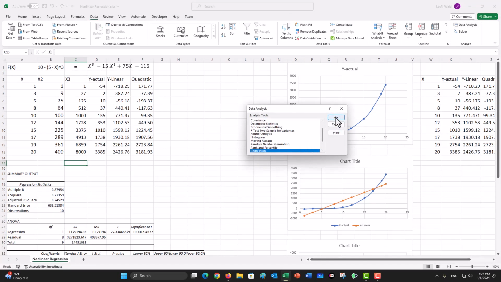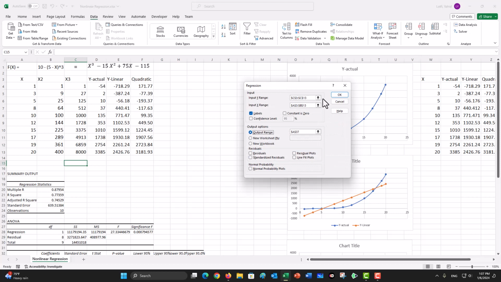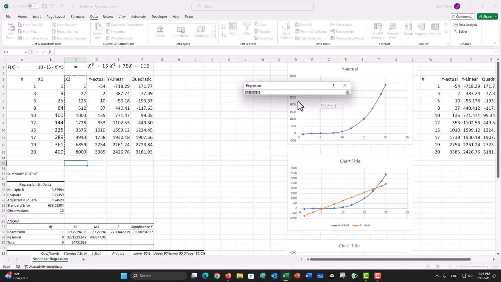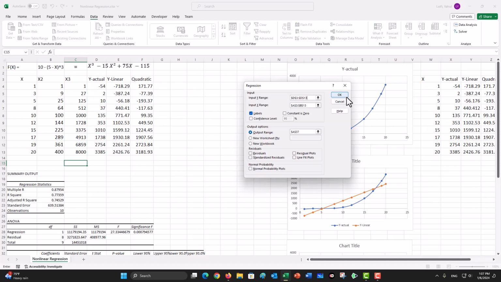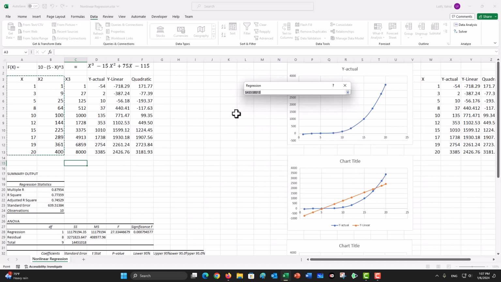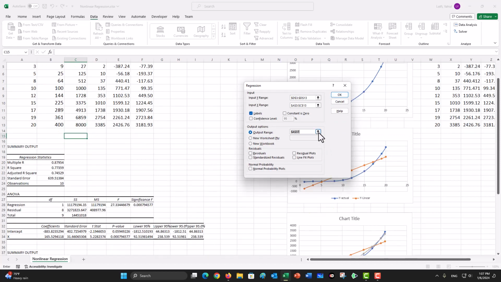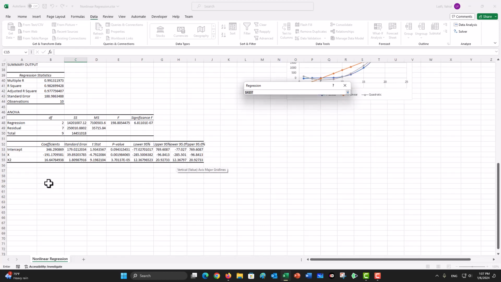As before, we select regression, we select the y values, we select the x values, and we select a region to place the output.